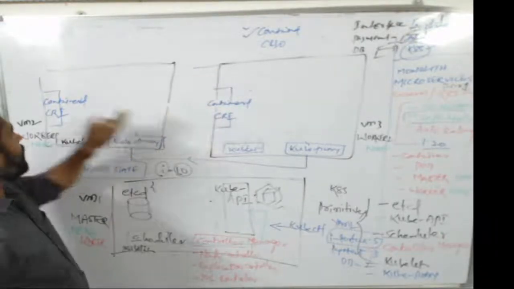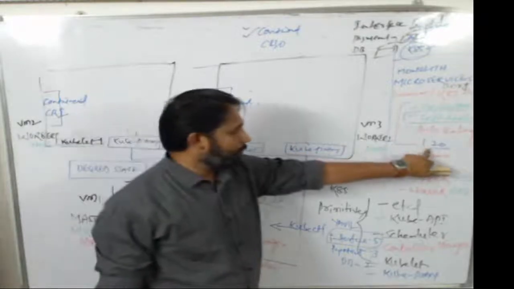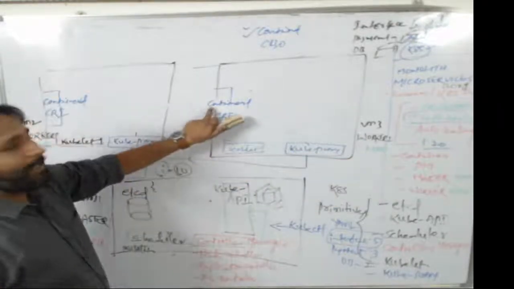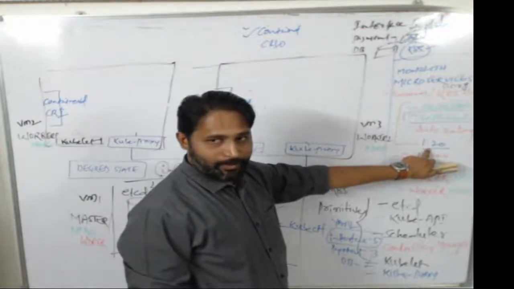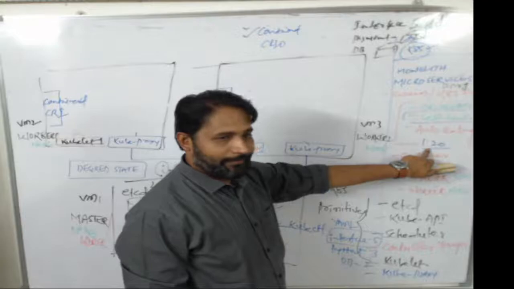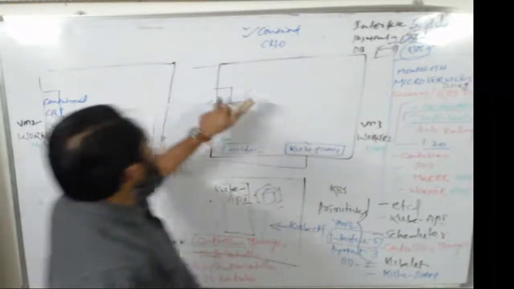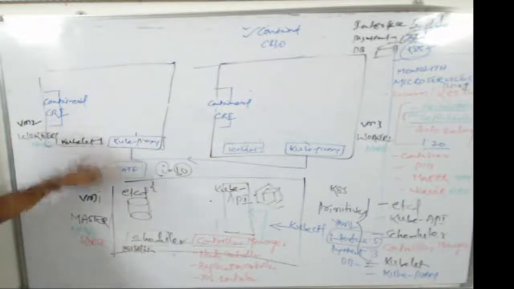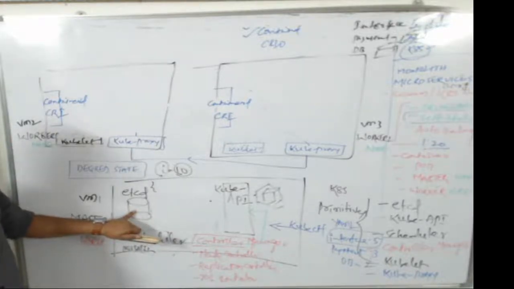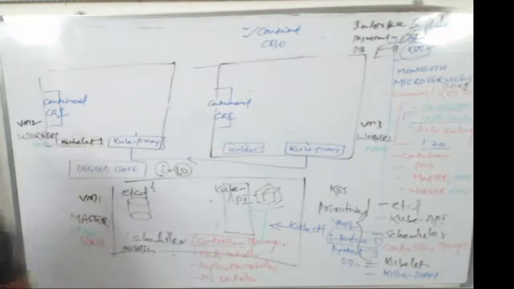The default one for 1.20 onwards is containerd. Now if your Kubernetes cluster is before this, like 1.19, 1.18, 1.15, those versions, you will have Docker.